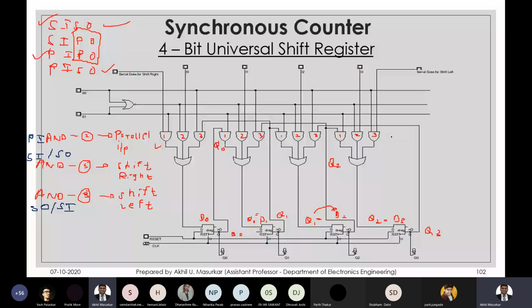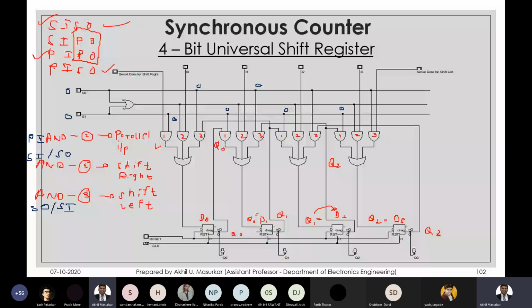So if I give here 0 0, then on this line we are having a 0, and here also we are having a 0, here also a 0, and here also this is 0, this is 0, this is 0.